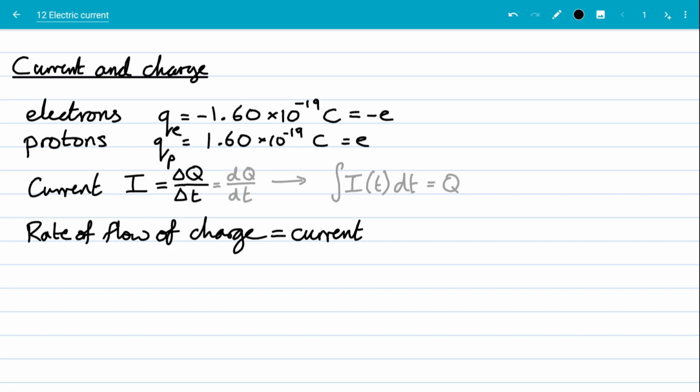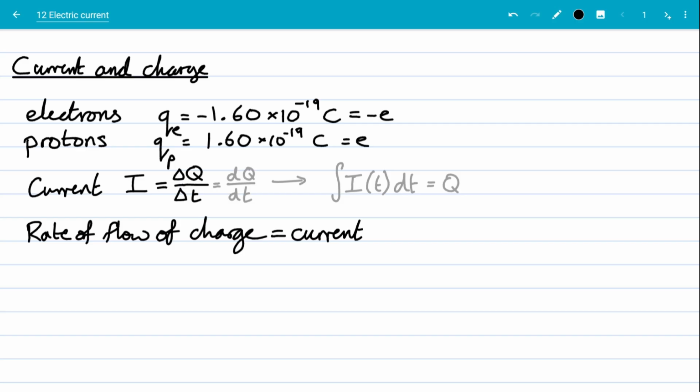And we will go into that as part of a later lesson. I don't need to do that now. But a little bit of history is going to help you understand why current is in the opposite direction to the direction that electrons flow in wires.